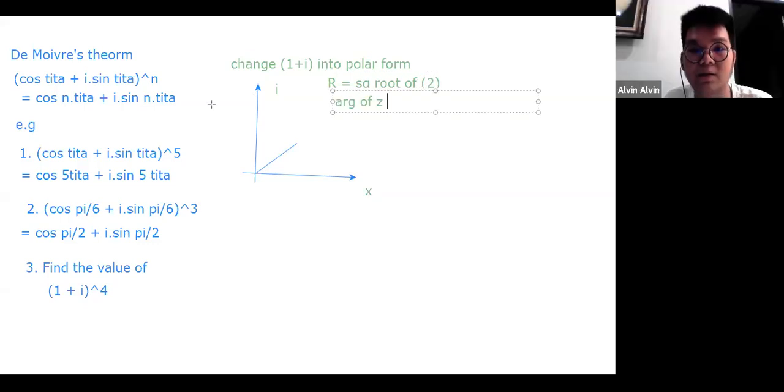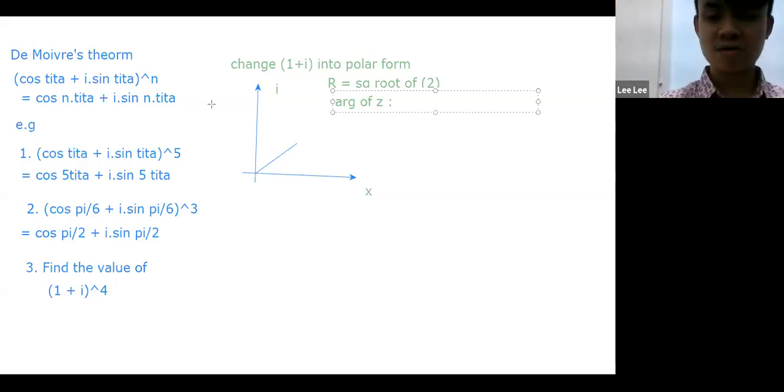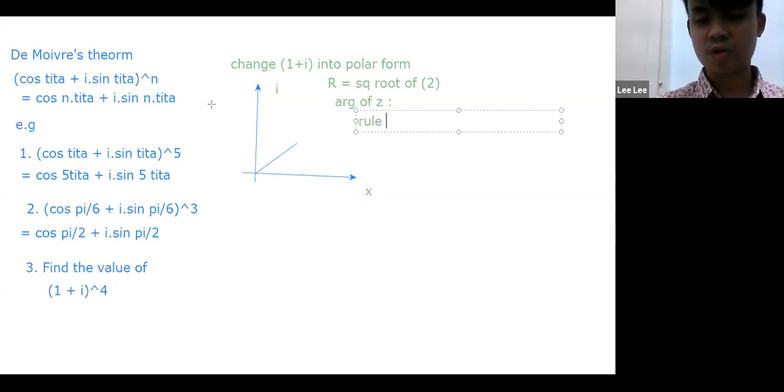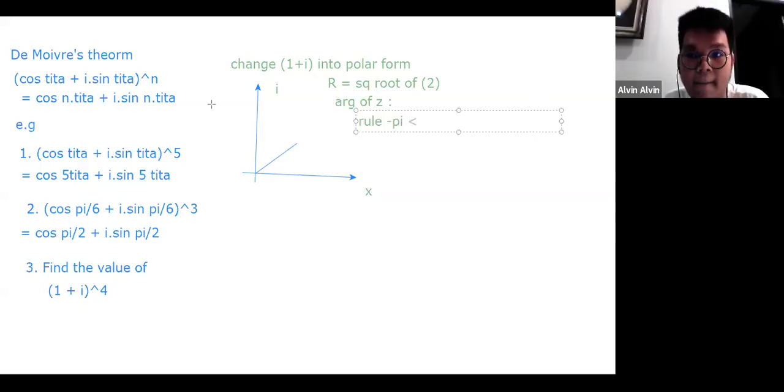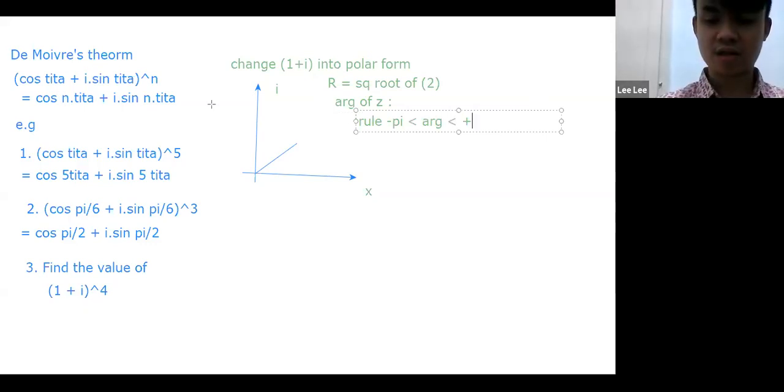How can we know whether to put the negative or positive for theta? The argument rule is that the angle is between negative pi and positive pi, with only the positive pi inclusive.